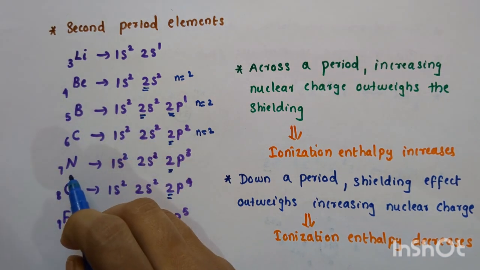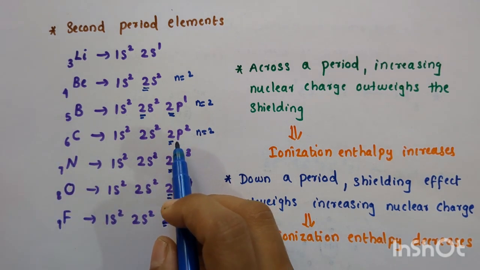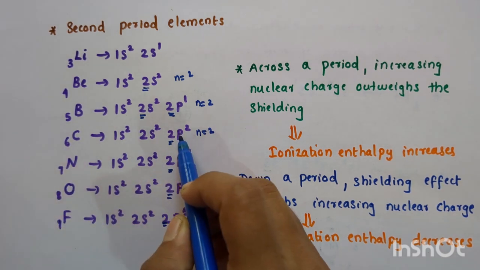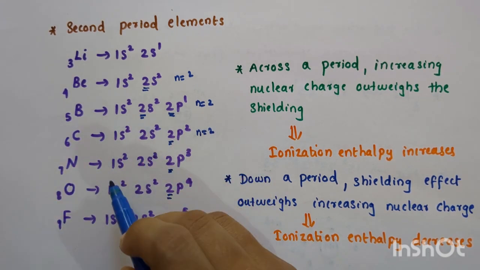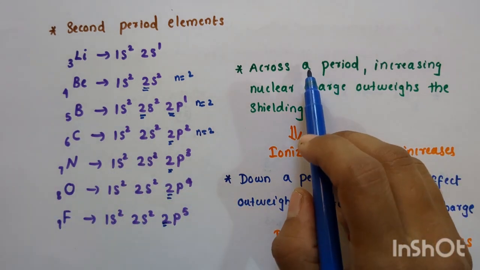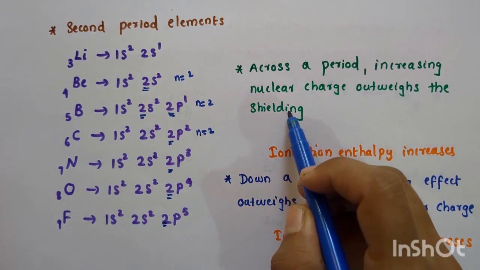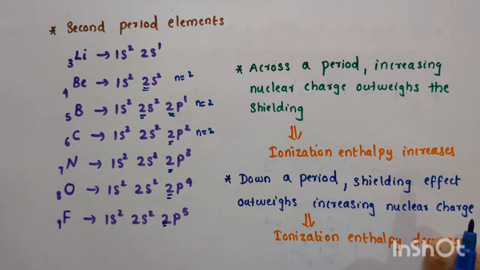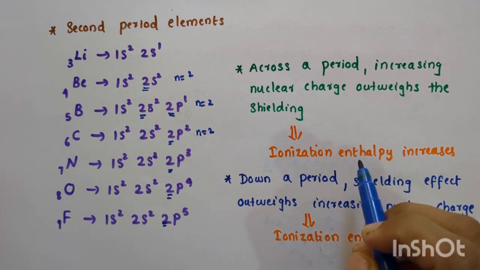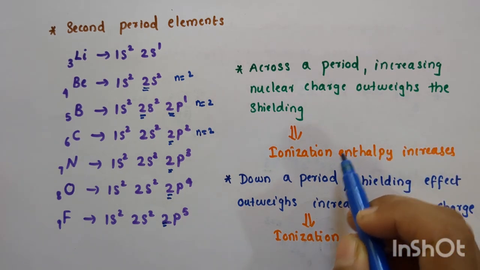Definitely outer electrons won't experience the full plus charge, but the effective nuclear charge increases and that dominates the shielding effect. Consequently, the outermost electrons are held more and more tightly and the ionization enthalpy increases across a period.